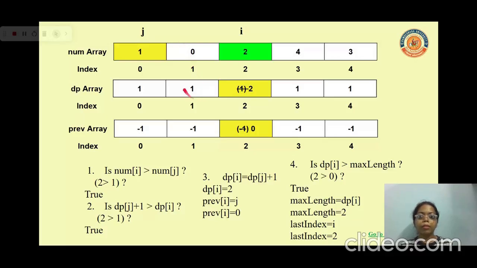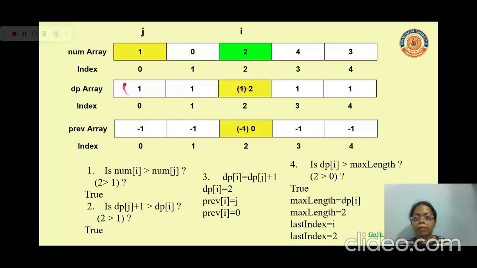So I will consider this value and try to add plus 1. Plus 1 means counting this ith element, and I try to find out whether I am increasing the subsequence length, or whether it actually doesn't matter to add 1.